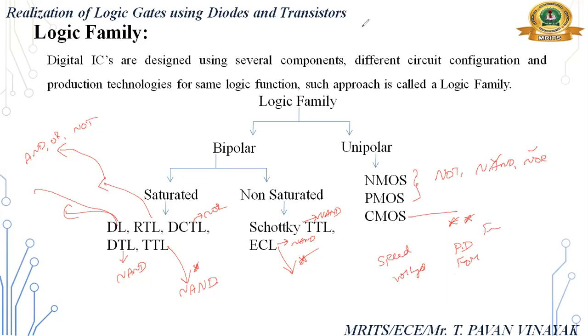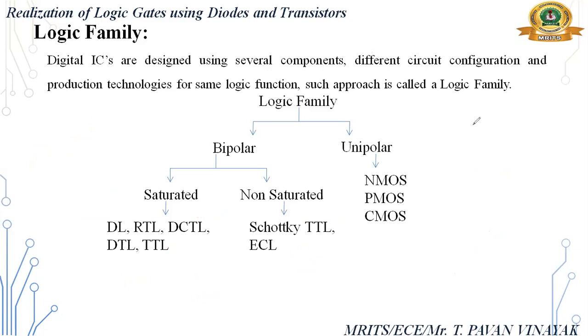The most important characteristics we learn are fan out, voltage parameters, figure of merit, propagation delay, and power dissipation. These five properties we learn for every logic family.